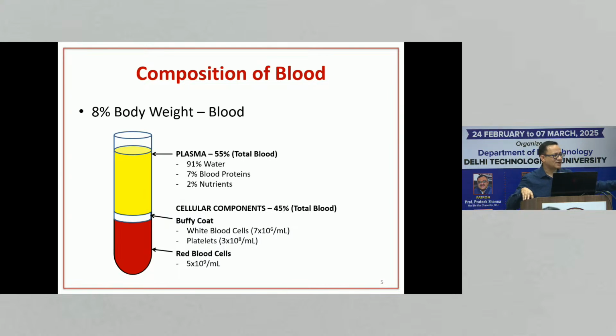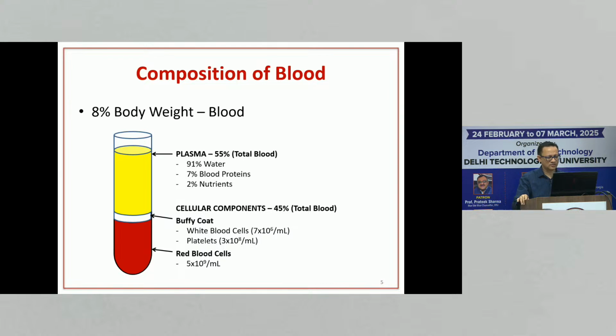The bottom part, heavier cells, are red blood cells and white blood cells.